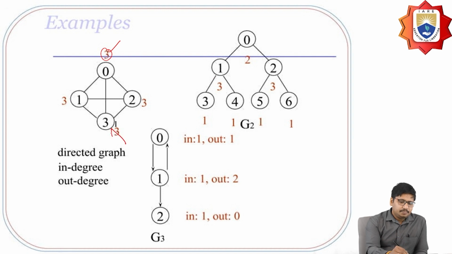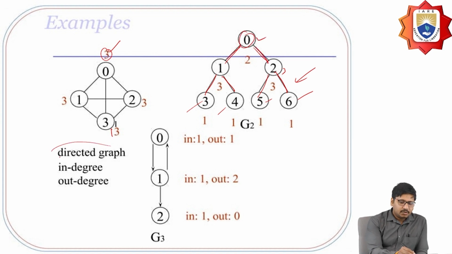For this one also, 1, 2, 3, so 3. Like this, the degrees are calculated. In this graph, the degree of the leaf nodes, the last level nodes, is 1, for this one the degree is 3, and for this one the degree is 2.